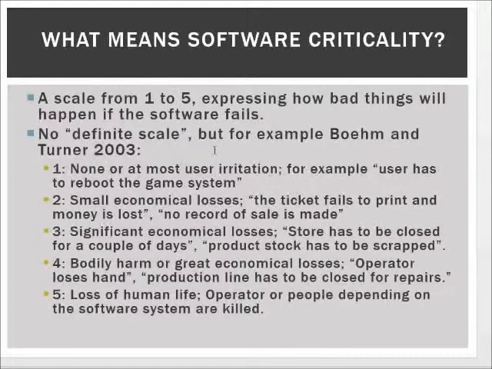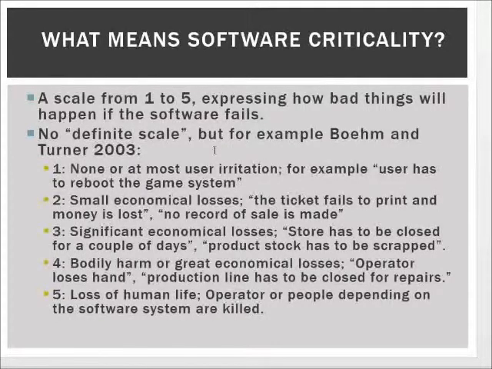For example, the user has to reboot the game system when the game locks up. It means that the software criticality is at level 1. Level 2, small economical losses, means something like the paid ticket fails to print and the money is unrecoverable, or there's no record of sale after you have entered your money.